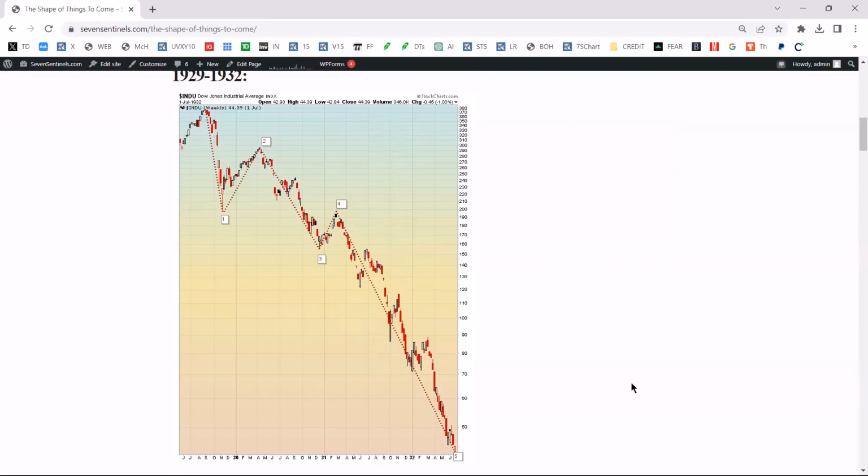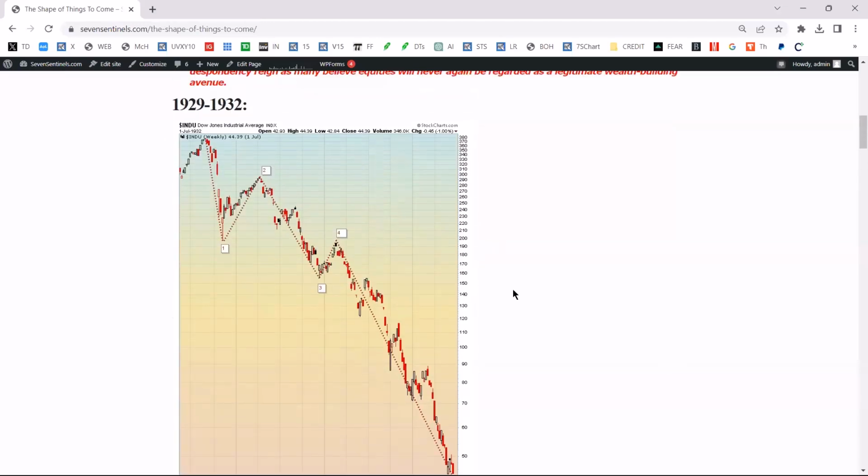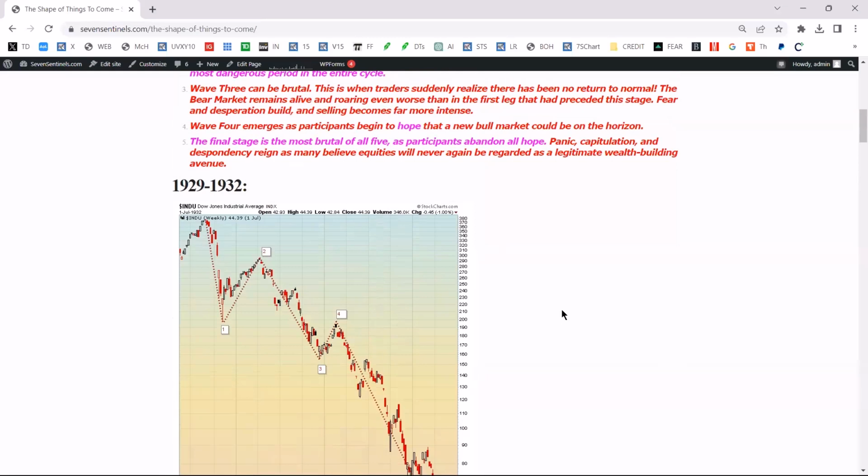Have you looked into average duration of wave 3s? Yes. Well, that's a good question, because I see that from cycle to cycle, we see a lot of alternation. In some primary bear markets, wave 3 is the longest.